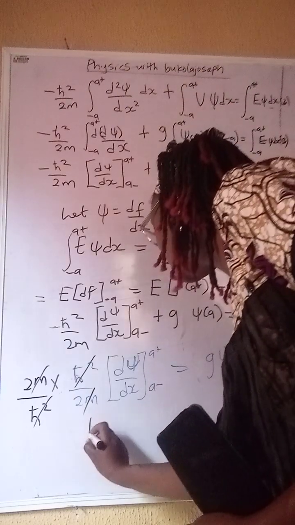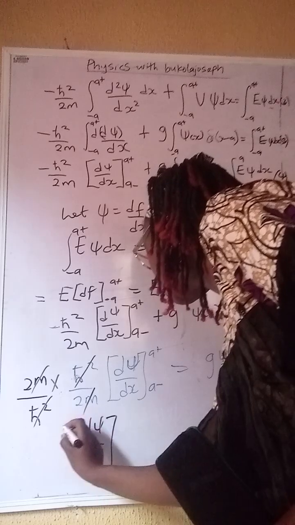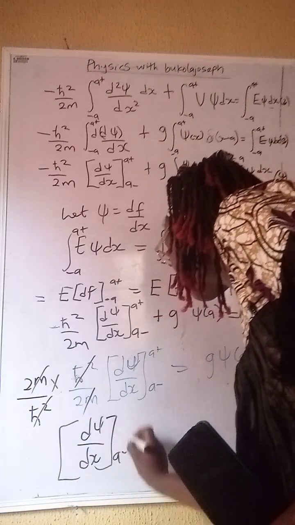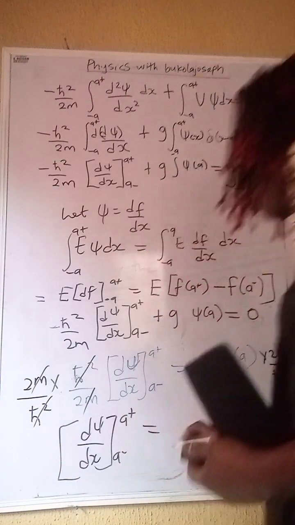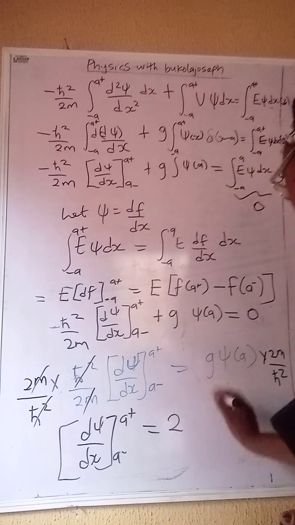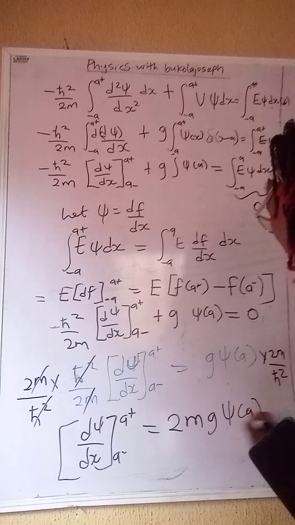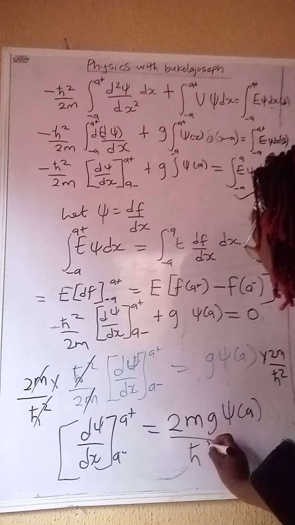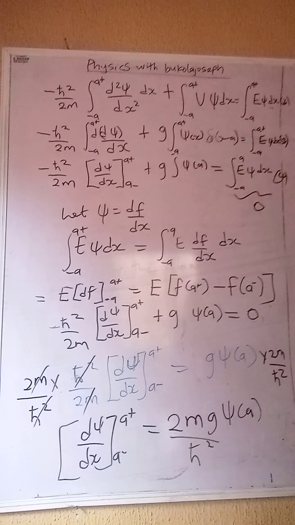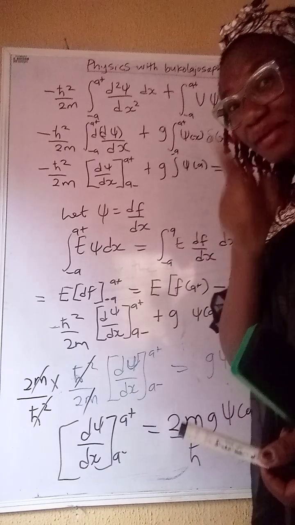So we'll have d psi over dx, a plus minus a minus is equal to 2mg psi of a all over h cross squared. Okay, remember we're looking for the continuity condition on psi prime.